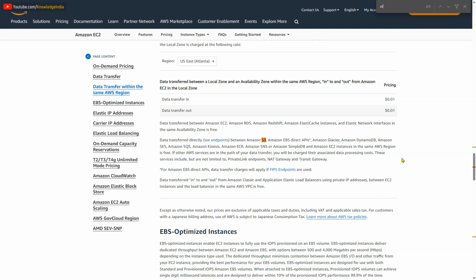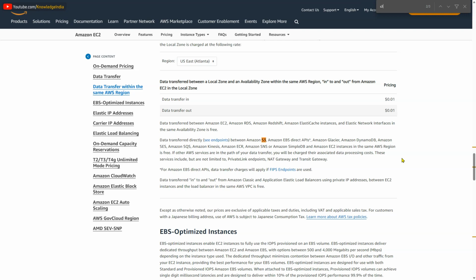So let's say within US East 1, just for example, you have your EC2 instance in US East 1A, and you have your bucket in the US East 1 region. Internally, there is a presence of your bucket in the US East 1A availability zone as well. Because of that, the data transfer charges between EC2 and S3 are kept free.